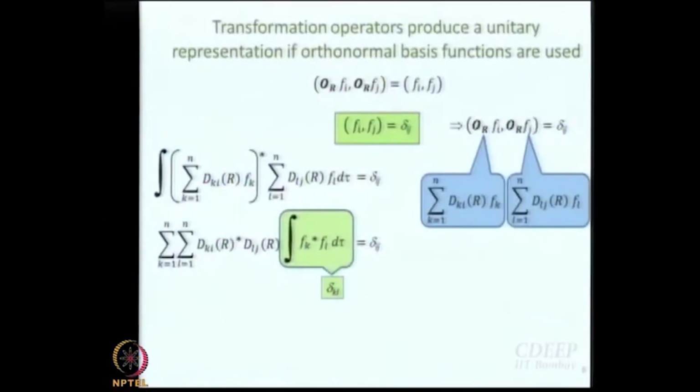And when I write integral f_k f_L d tau, life becomes a little simpler. Why? Because I am using orthonormal basis functions. So, this is what it becomes. That is the dot product of orthonormal basis functions, that is also Kronecker delta. Kronecker everywhere.